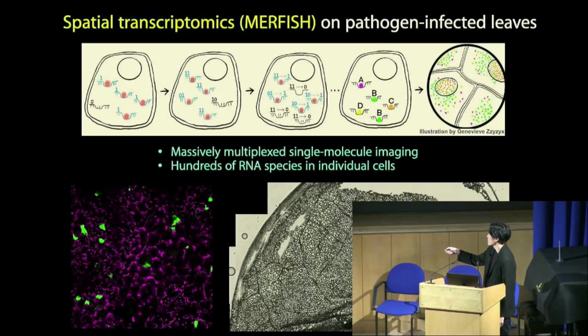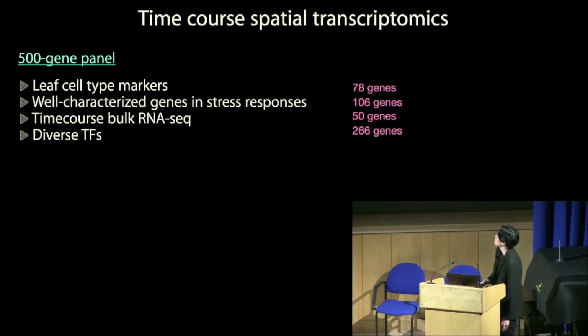So we use, again, infected plant leaves and section in this way, the longitudinal section, which you can see here on the right. Because this is a targeted approach, I manually curated 500 genes, including cell type markers and many known immune genes, also a bunch of transcription factors.